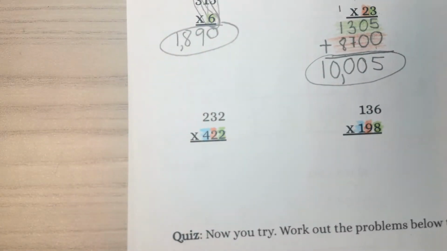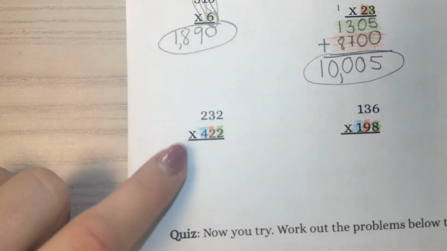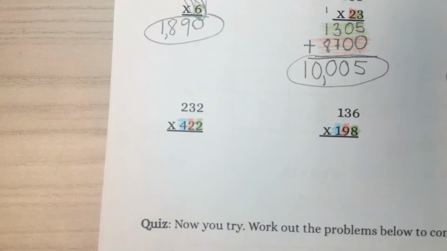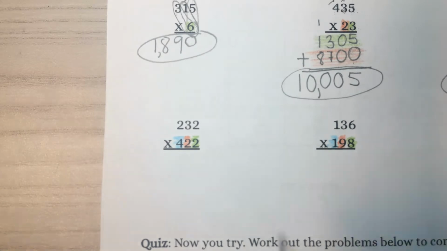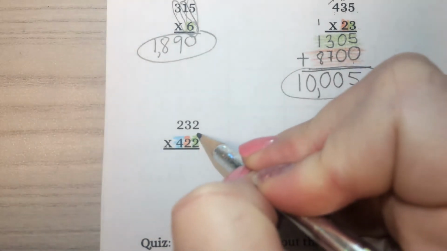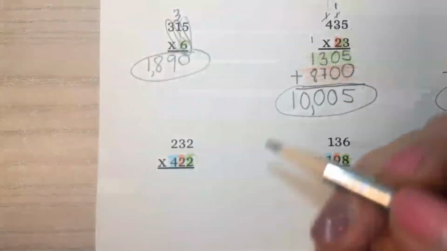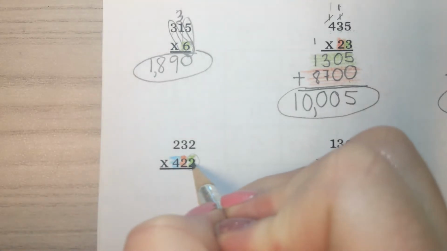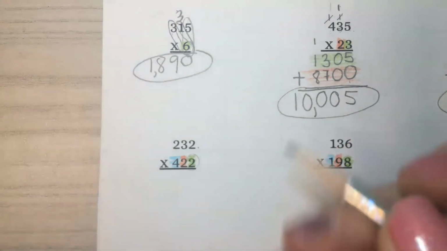Okay, so let's now focus on this multiplication problem. We're looking for the product, or the answer, of 232 multiplied against 422. So we are going to, again, first focus on the one spot. We're going to take 2 times 232.